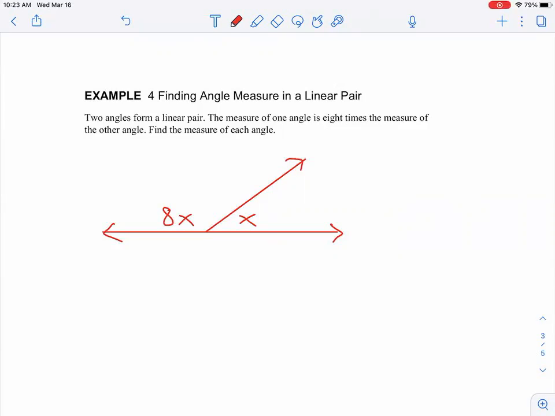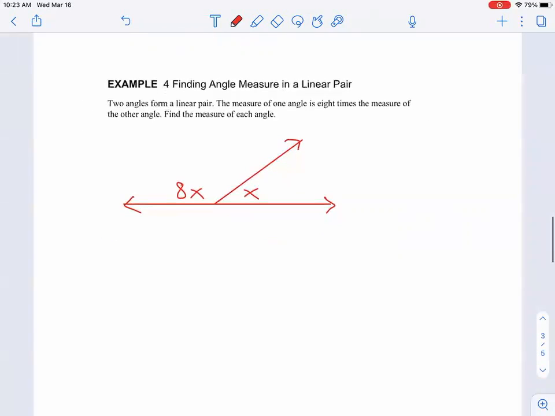So if we want to find the measure of each angle, I know they have to add up to 180. So I would do 8x plus x equals 180. I combine my like terms, 9x equals 180.